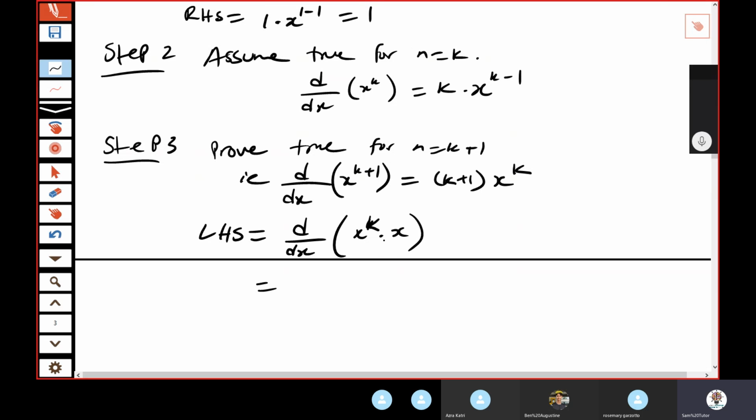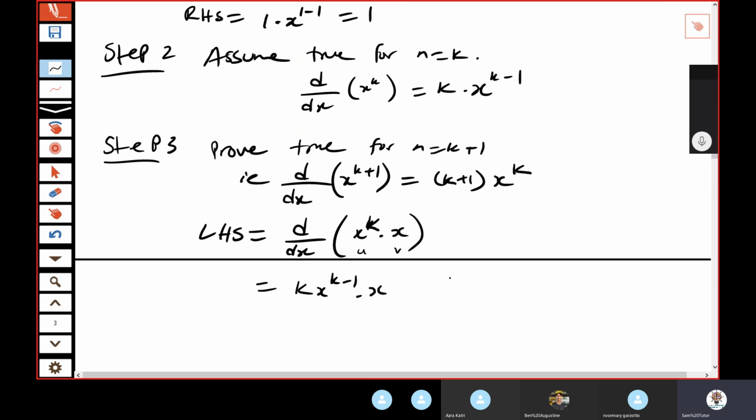How would you do a question like this? What am I trying to make you guys understand? The derivative of these two x's, how are we going to do that? What must you use? Product rule.